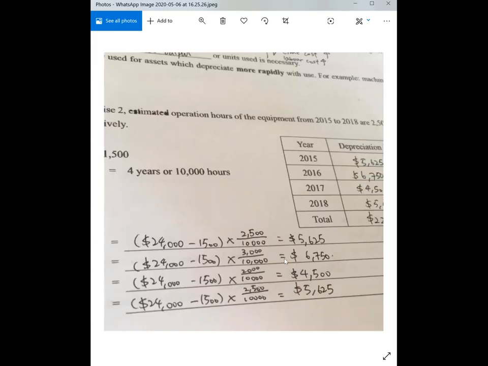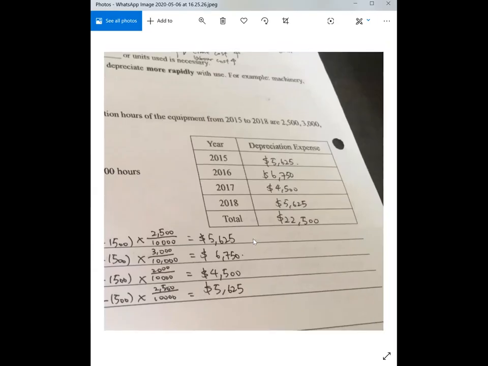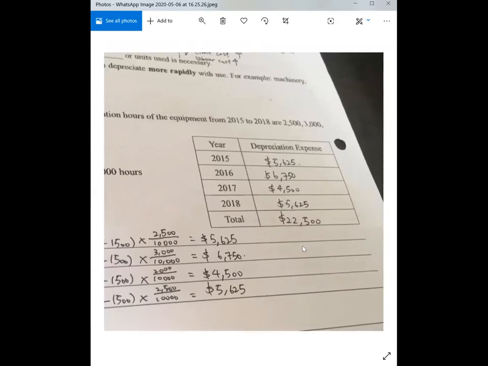So we can get the 4 amounts here. And I see most of you have calculated the correct amount already. So it is very simple. And you can see that the total amount is 22,500 as well.